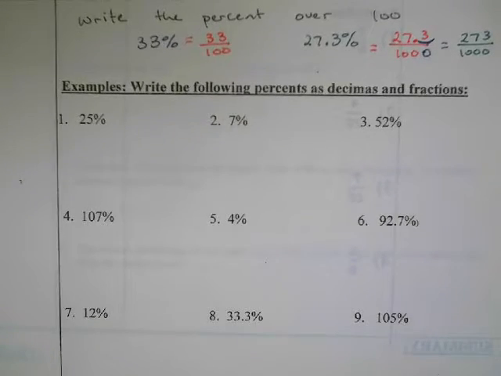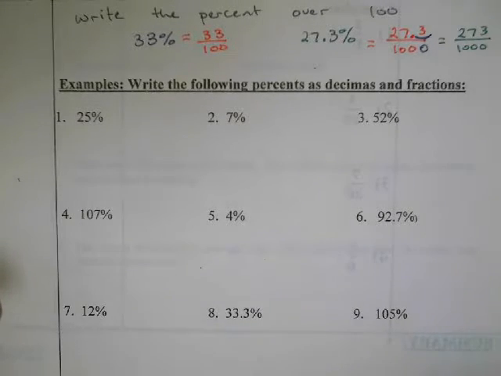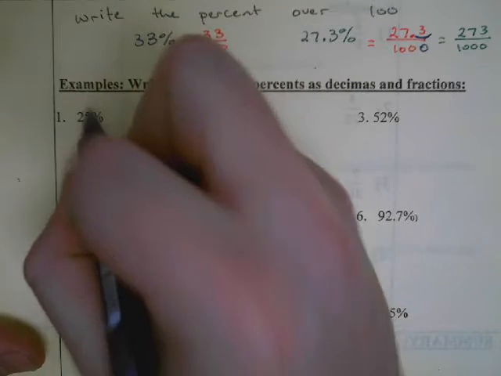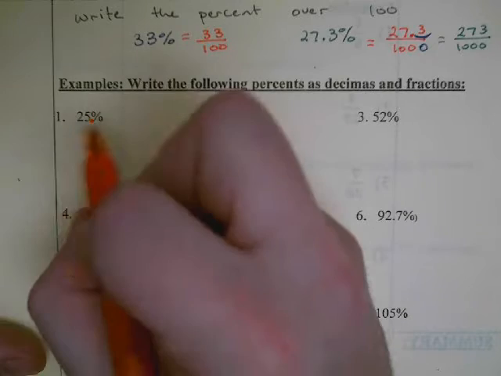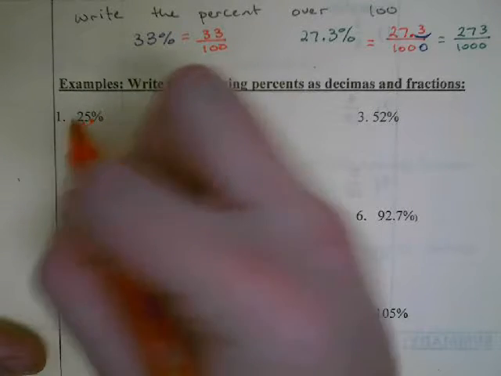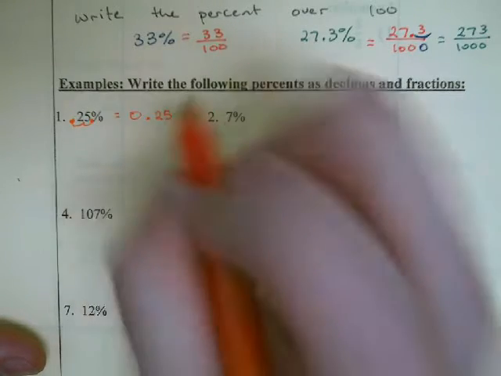So let's write the following percents as decimals and fractions. When we're writing them as decimals, we'll write in that hidden decimal. Then we'll move it to the left 2 times, and we'll place it right there, and that will equal 0.25.